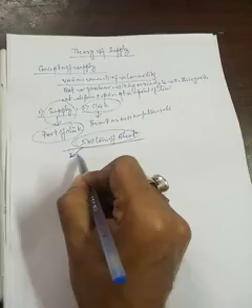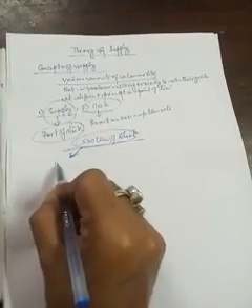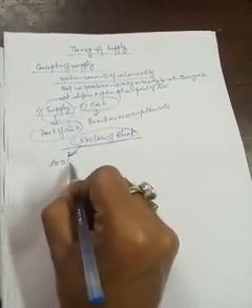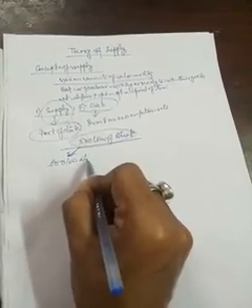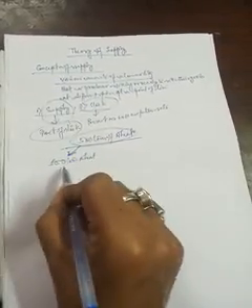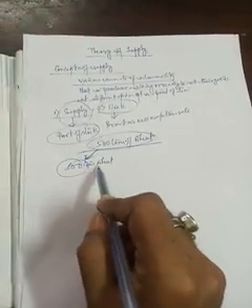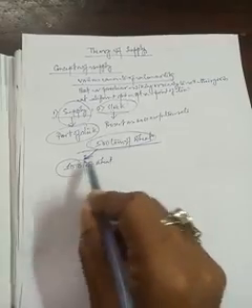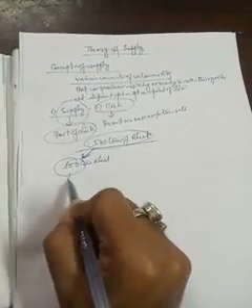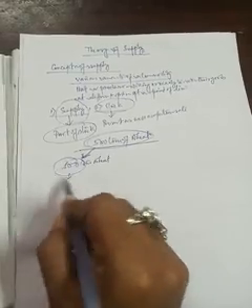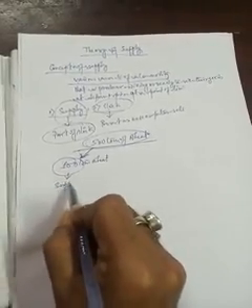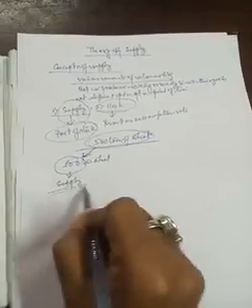Now out of these 500 tons, 100 tons of wheat is ready to sell. So these 100 tons we say is supply.